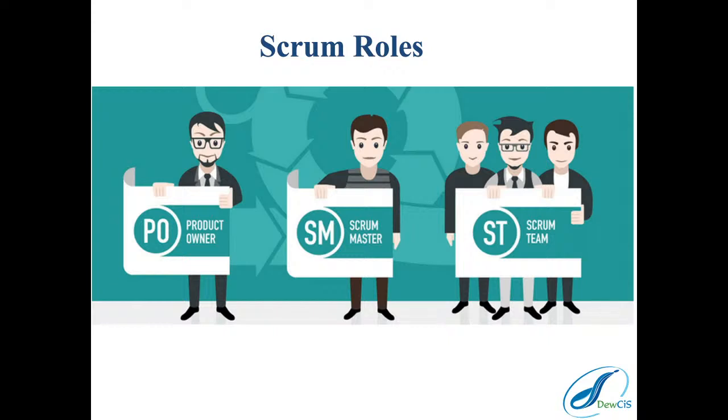So they also pick up tasks, and they need to basically help the team to be more effective and efficient within the framework of Scrum and within the principles of Agile and agility.